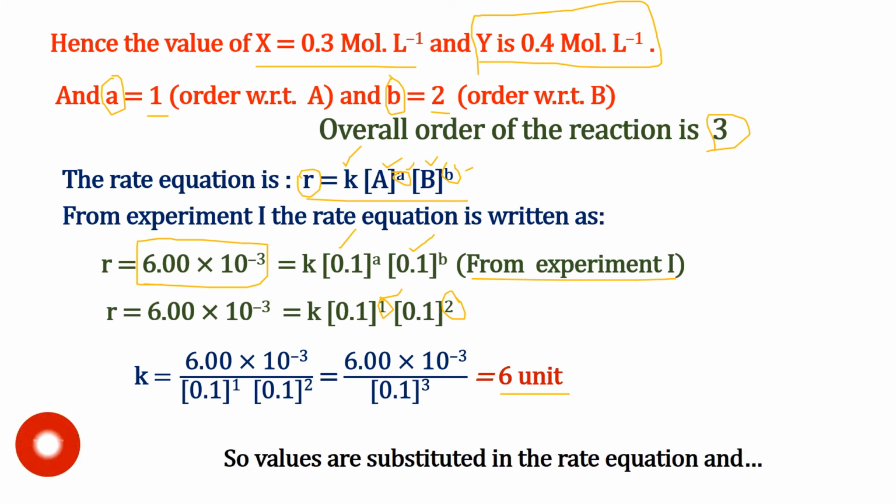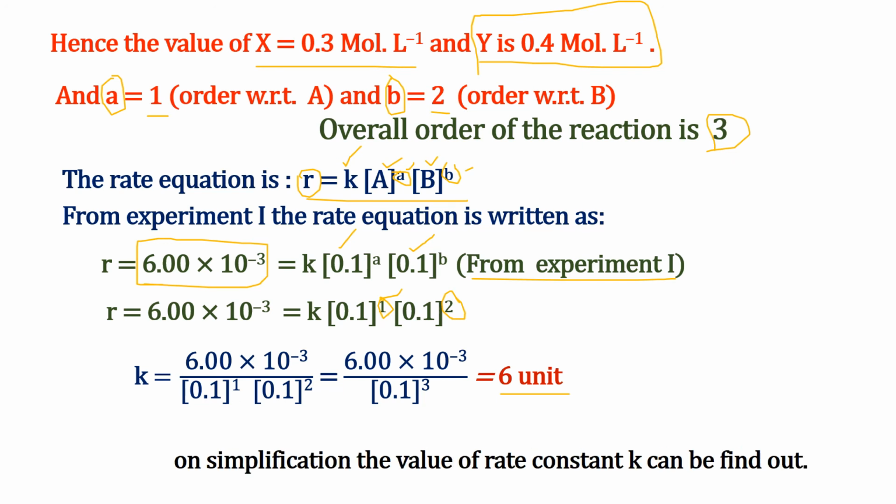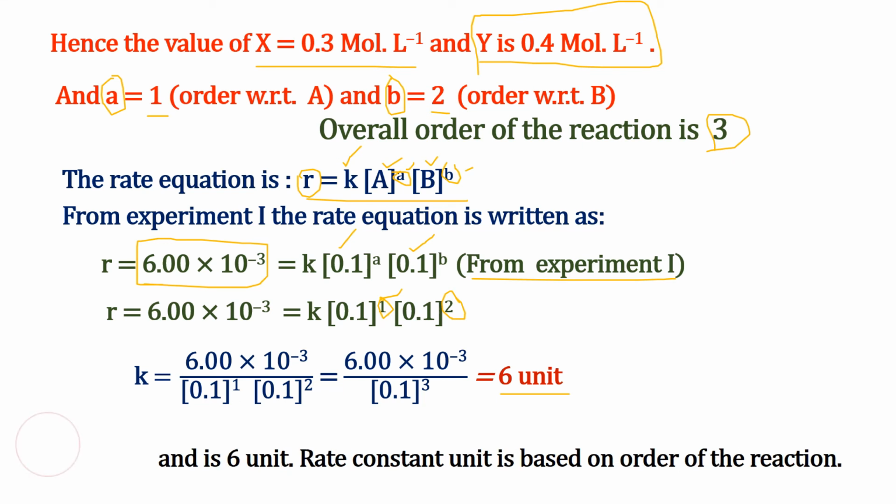So the values are substituted in the rate equation, and on simplification the value of the rate constant can be found. Here it is 6 units. The rate constant unit is based on the order of the reaction, that you know.